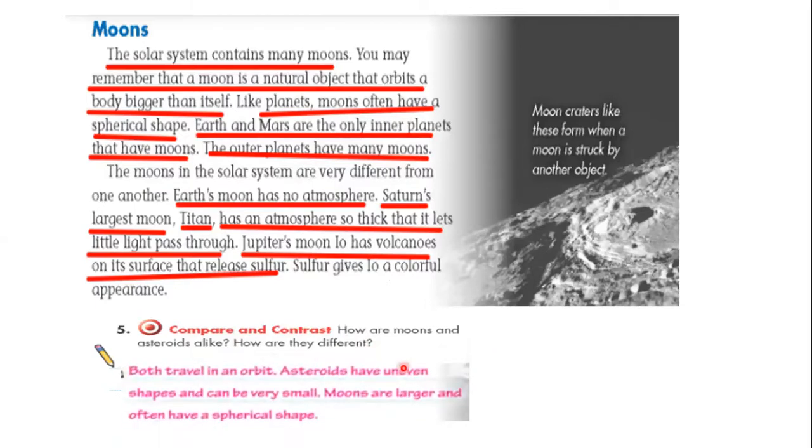Yes, both travel in an orbit. Asteroids have uneven shapes and can be very small. Moons are larger and often have a spherical shape.